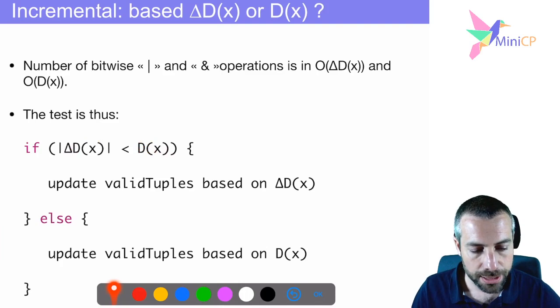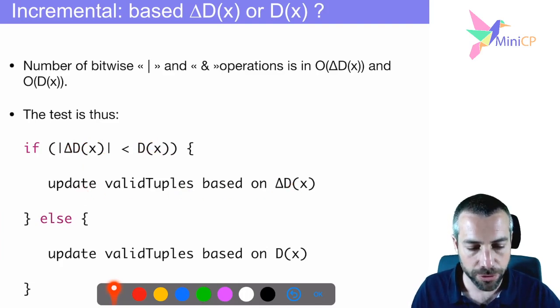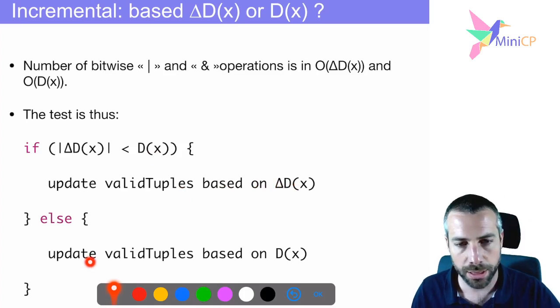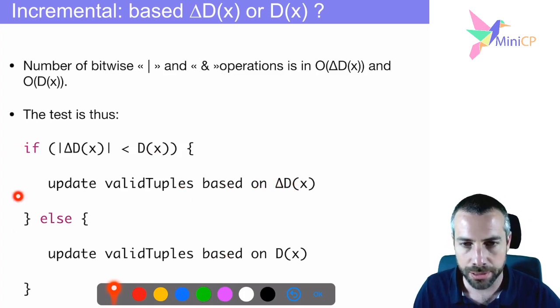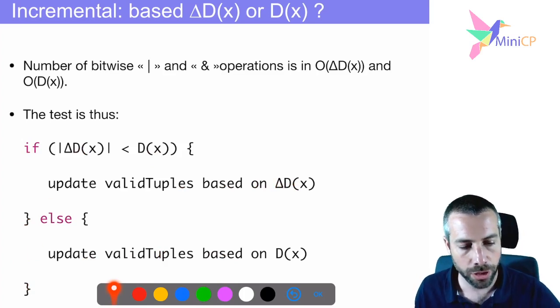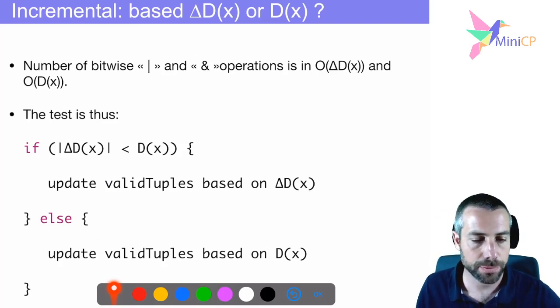If the size of the delta set is less than the size of the domain, then this one will be more efficient. If the size of the remaining values is less than what has been removed, then you should prefer this one. So with this simple check, you will have the best of the two cases, and you can dynamically choose which update rule for the valid tuples you should prefer in terms of computations.